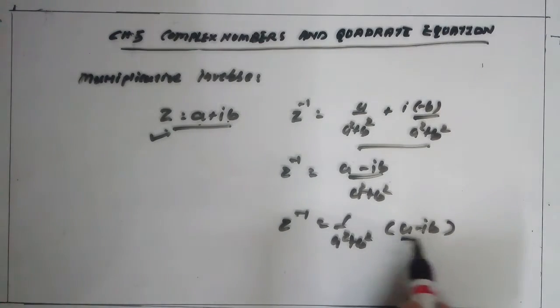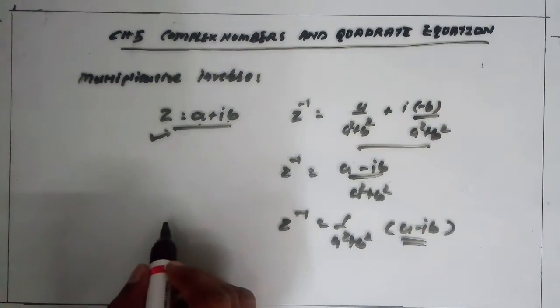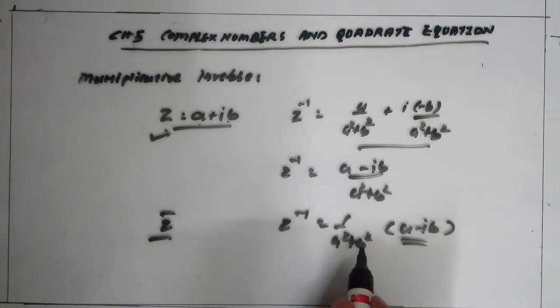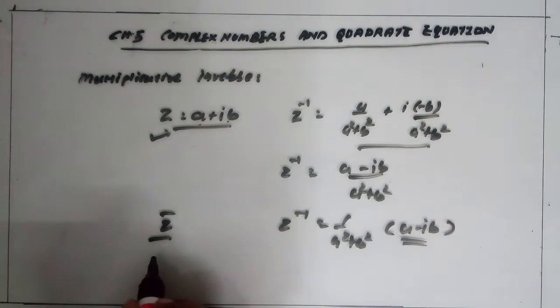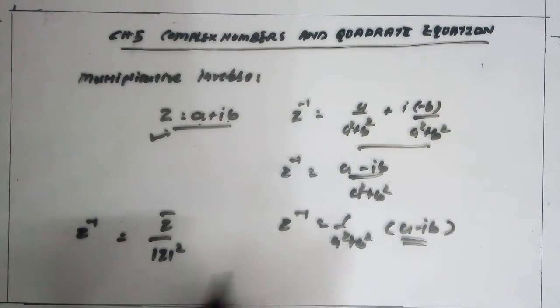Here you know that a - ib is the conjugate of the complex number, z bar. a square + b square is the magnitude of z square. So z inverse is equal to, remember this, z bar upon mod of z square. Clear?